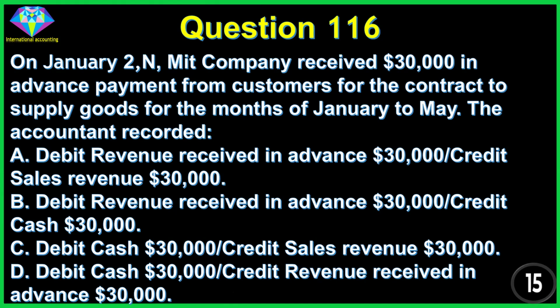D. Debit cash $30,000 per credit revenue received in advance $30,000. The answer is C. Debit cash $30,000 per credit revenue received in advance $30,000.